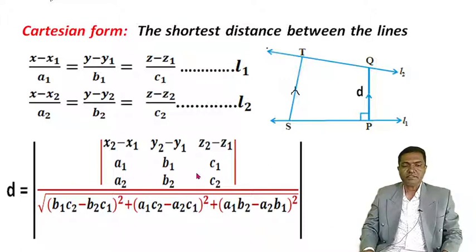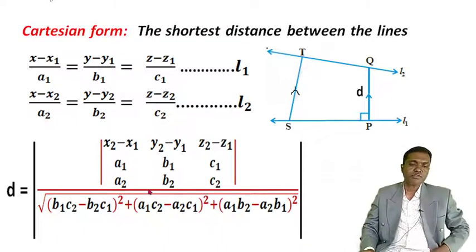Square root of b1 c2 minus b2 c1 whole square, next a1 c2 minus a2 c1 whole square, next a1 b2 minus a2 b1 whole square. Even if you interchange the terms, no problem, because you are squaring them. So definitely the square of a negative is going to be positive.